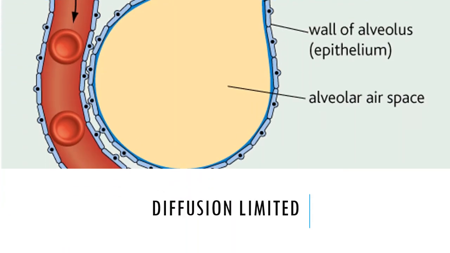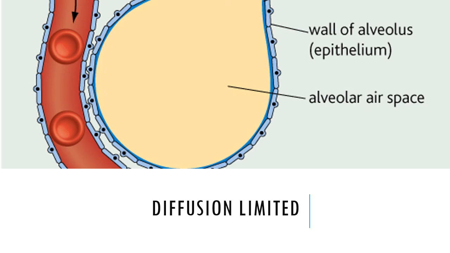Diffusion limited means that the movement of gas across the alveolar wall is a function of how intact the alveolar capillary membrane itself is. If the alveolar capillary membrane is functioning normally, gas will move across the membrane quickly and in a normal fashion.